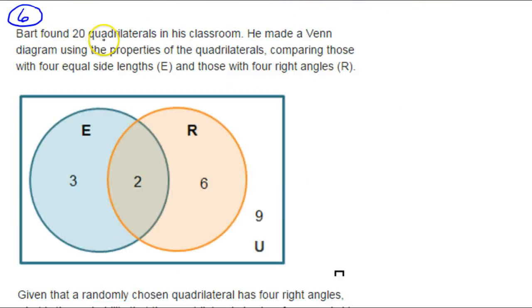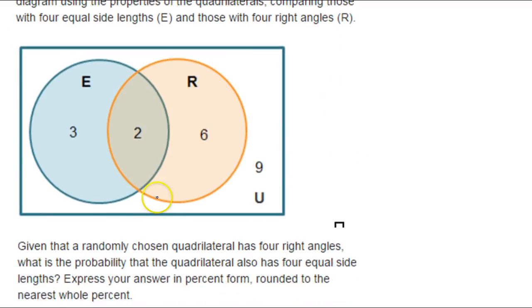Bart found 20 quadrilaterals in his classroom. He made a Venn diagram using the properties of quadrilaterals, comparing those with 4 equal side lengths, E for equal, and those with 4 right angles. That's R. Given that a randomly chosen quadrilateral has 4 right angles.